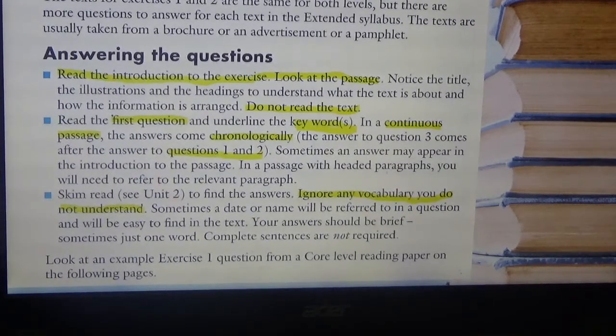But in here, you're advised not to stop or concentrate on any vocabulary word you do not understand.